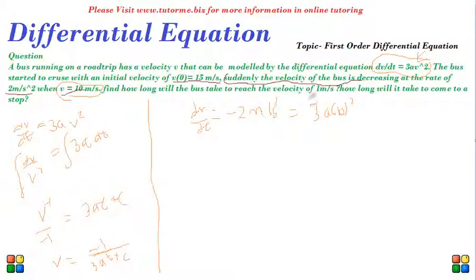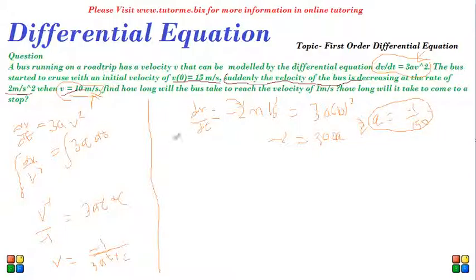That 10 I got from here, because when the velocity is 10 I get my acceleration of negative 2. So negative 2 equals 3 times 100, which is 300a, and that gives me a equals negative 1 over 150. Okay, that is my a.